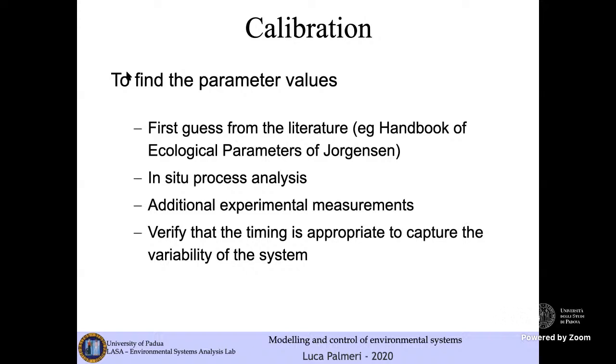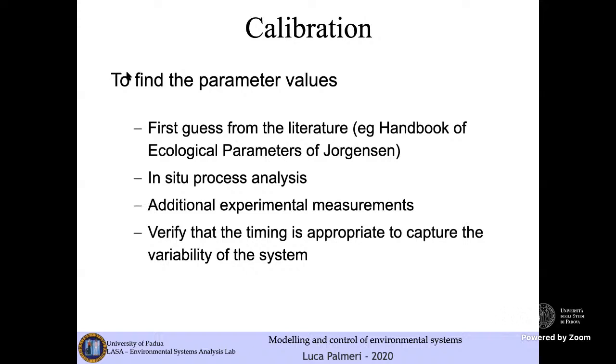So, for example, you may establish in situ process analysis, or you may decide to implement additional experimental measurements, and you shall always verify that the timing is appropriate to capture the variability of the system.